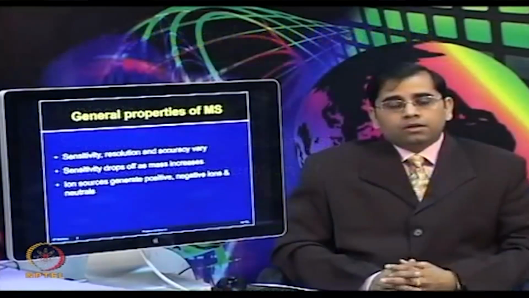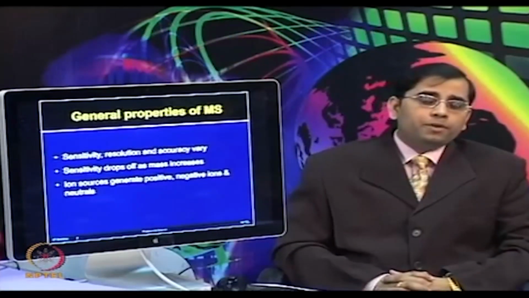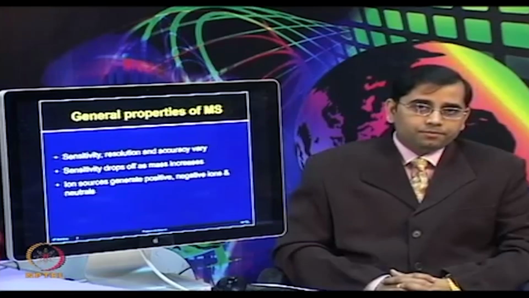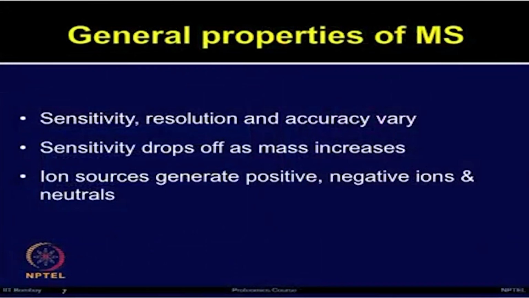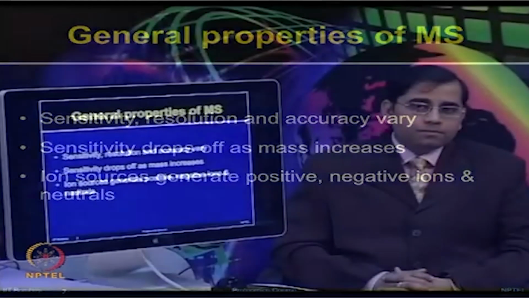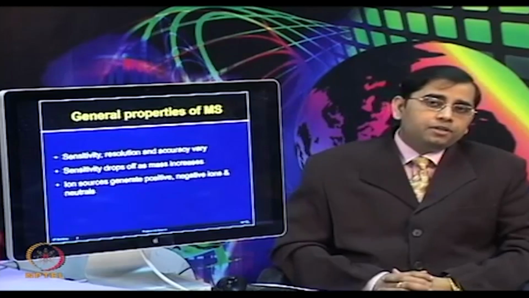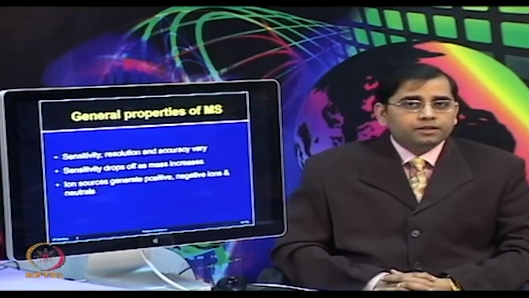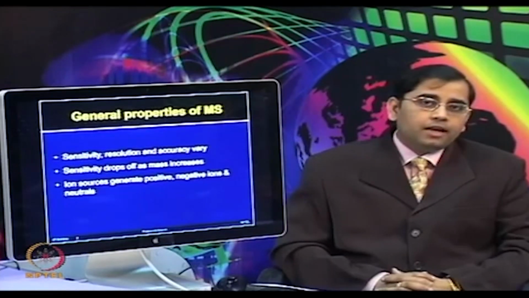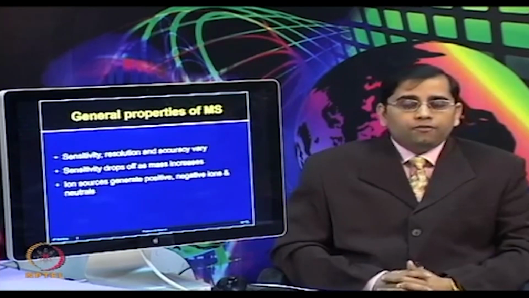Now, let us discuss general properties of MS. The sensitivity, resolution and accuracy vary among various mass spectrometers. The sensitivity drops off as the mass increases, and as I mentioned, the sensitivity for protein detection can be as low as the attomolar or femtomolar range.